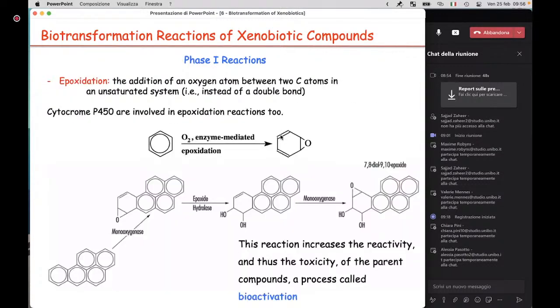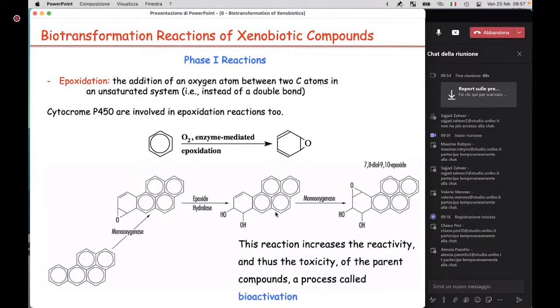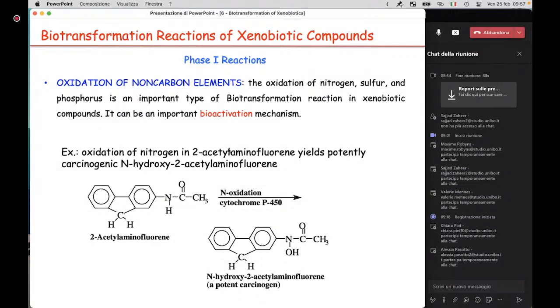Those reactions, epoxidation and monooxidations, are oxidations happening mainly at some carbon atoms in the molecule, but we can also have oxidation of non-carbon atoms of the molecule. For example, here we have this molecule. It's quite complicated, but it is not important to remember, of course, the specific formula.